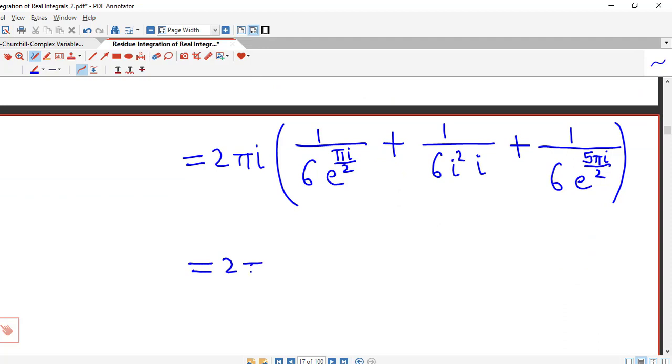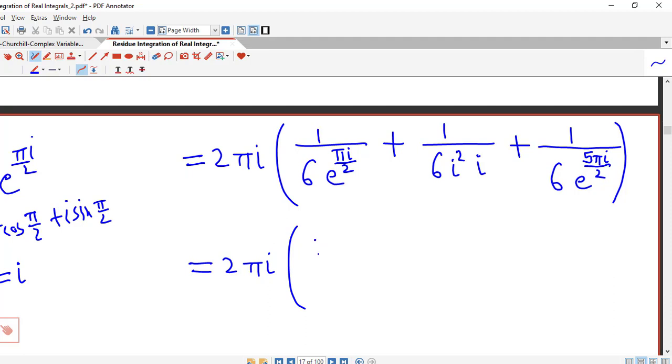So this is now 2 pi i times, now we can simplify this e raised to pi i by 2 using Euler's formula. We have cos pi by 2 plus i sin pi by 2. Now cos pi by 2 is 0, sin pi by 2 is 1, so it is i. e raised to pi i by 2 is i. Here i square is minus 1, so this is going to be minus 1 by 6i.